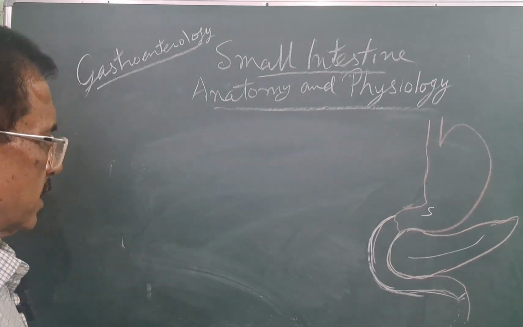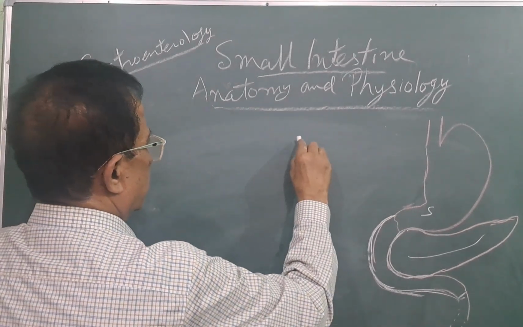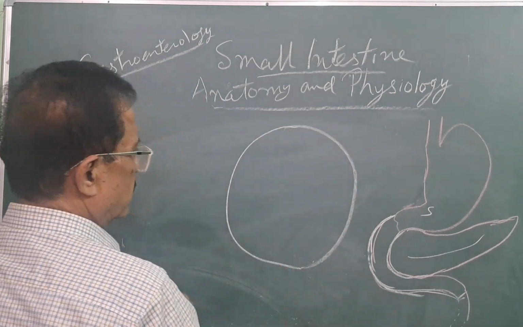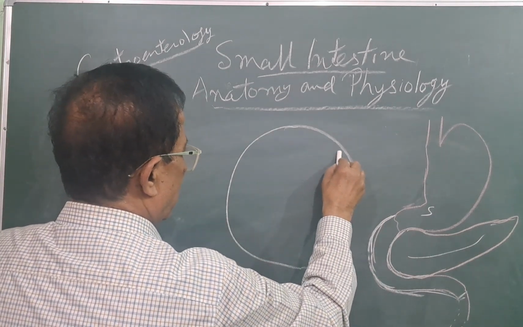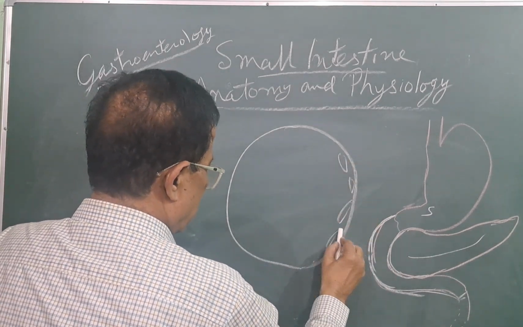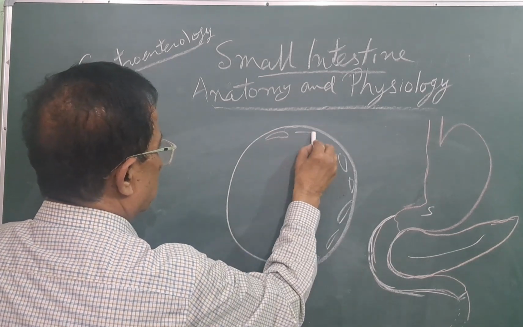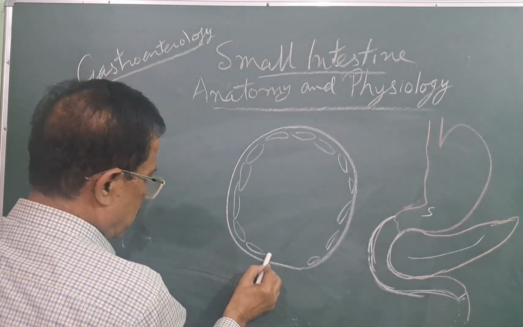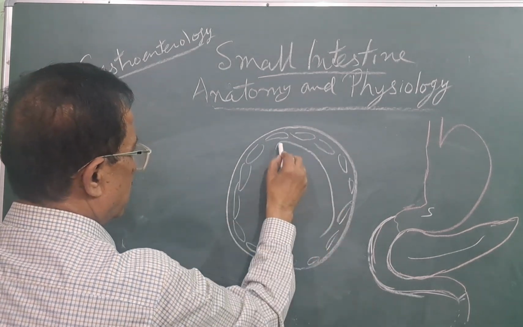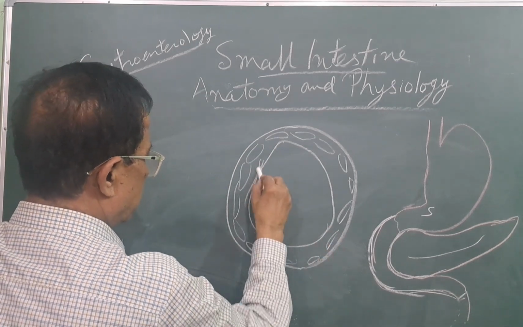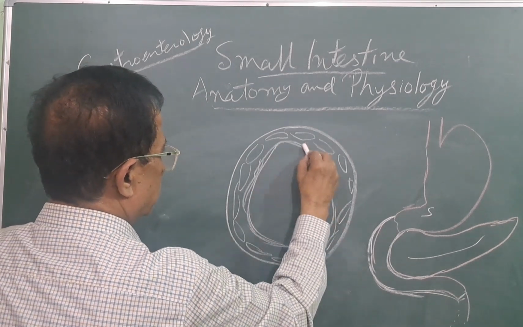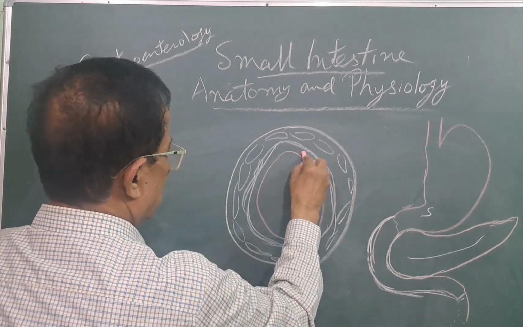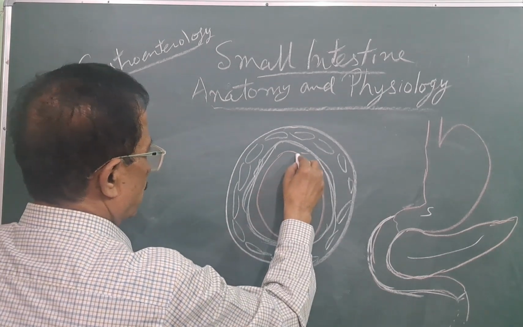Now coming to the structure of a small intestine. The structure of a small intestine is like other parts of the GIT. In transverse section, we have seen that from outside to inside there is serosa, then the muscular layer, outer longitudinal muscle layer and inner circular muscle layer, then submucosa, and finally mucosa.